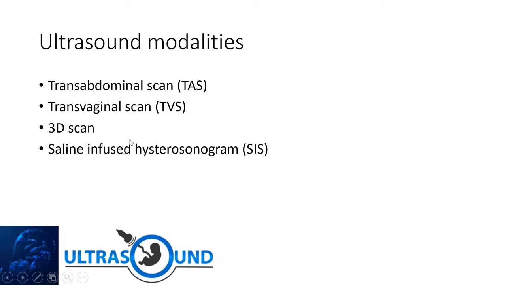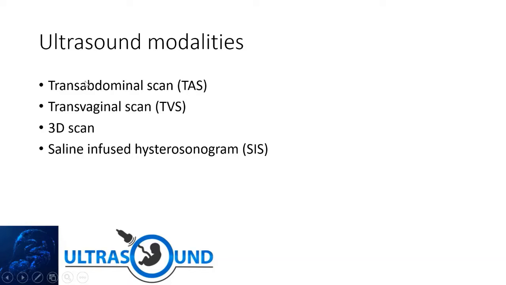So what are the scans that we can do in gynecological patients? Commonly known as TAS and TVS, which are your transabdominal scan and transvaginal scan, a 3D scan, and also a saline-infused hysterosonogram. I'm not going to cover much about 3D scan because Dr. Rafa is going to talk about it. The saline-infused hysterosonogram is not commonly done in the clinic because first, it's going to wet everywhere.